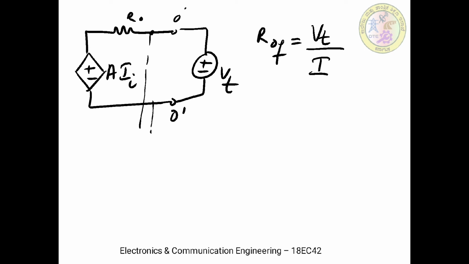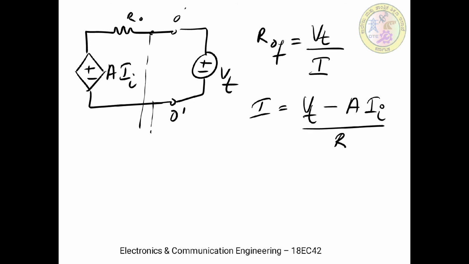So we will have to find what this I is now. I in this case is given by the difference of Vt and A into II, divided by R0.